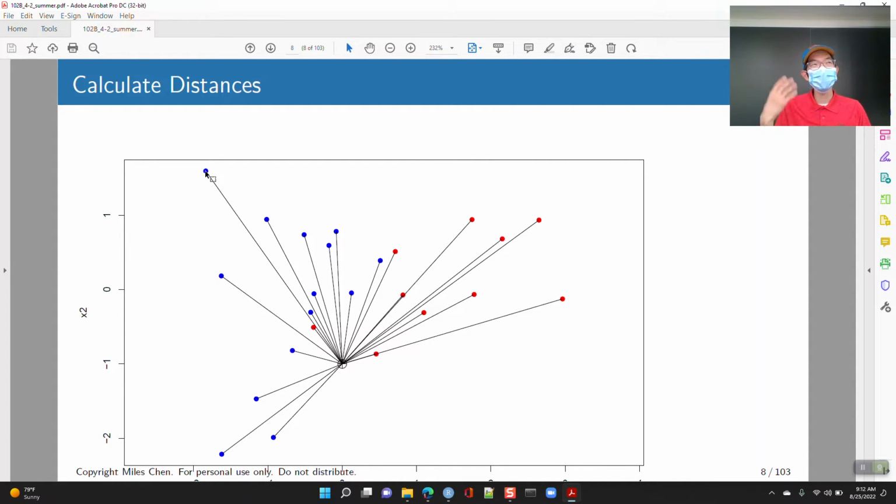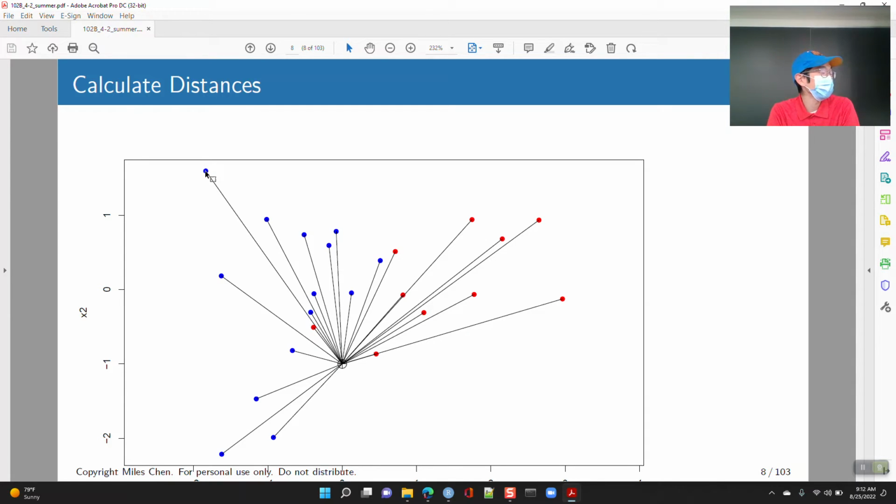But what if this data exists in 5 dimensions? Now it's hard for us to comprehend visually what distances look like in 5 dimensions, or 17 dimensions, or 25 dimensions. Sure, in 2D and 3D we can judge distances, but in higher dimensions, it's hard for our brains to comprehend or evaluate distances.